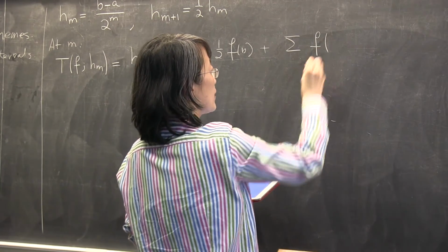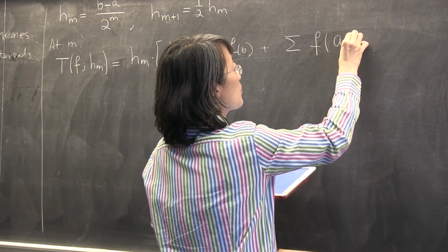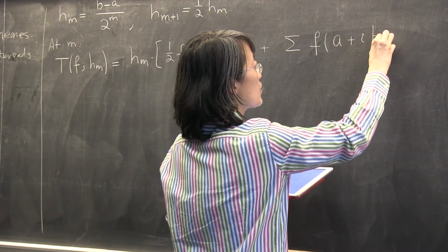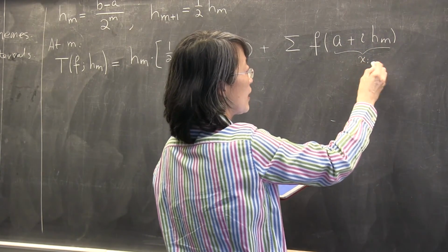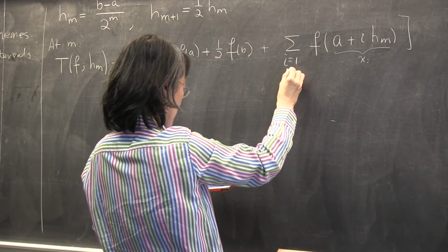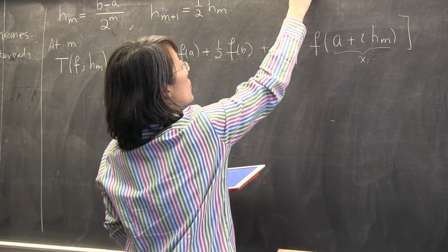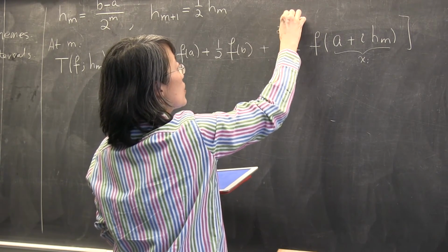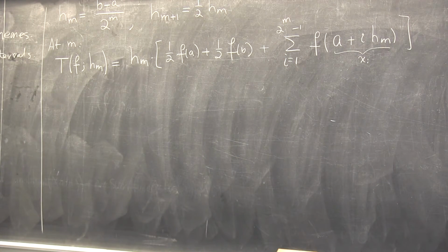So f at all the x_i's that are inner, which I can write as A plus i times h_m. These are the x_i's at that level. So I run from 1 all the way to n minus 1. My n here is equal to 2 to the power m, so this is 2 to the power m minus 1. Is that okay? We have to be clean with the index, not messing up.